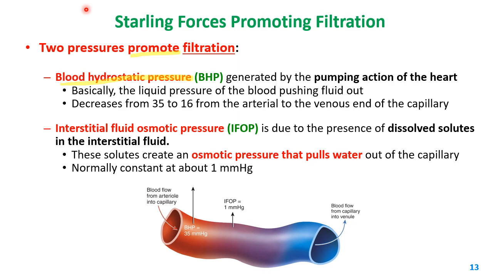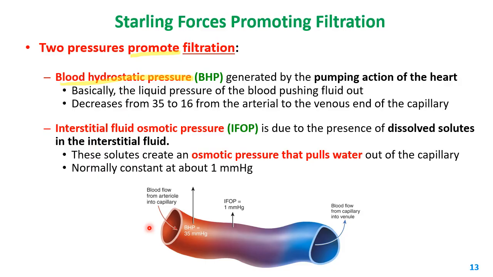So when you start branching out and going to the smaller arteries, your blood pressure is going to start to decrease because you're distributing that blood through all these other vessels that are branching out the main vessel. By the time you get to your capillaries, your blood pressure is going to be about 35 millimeters of mercury on average.